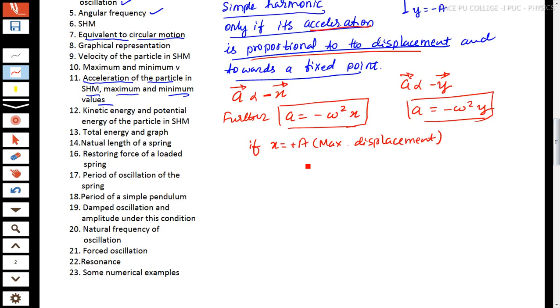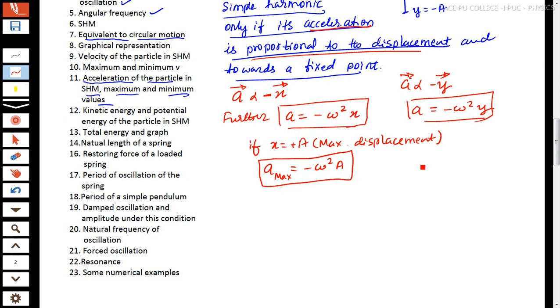At that moment, when I put the value of x in the above equation, I get a is equal to minus omega square a. And a is the maximum possible displacement x, so this value of acceleration is also maximum. So now what we are seeing is the expression for maximum acceleration in a simple harmonic motion.